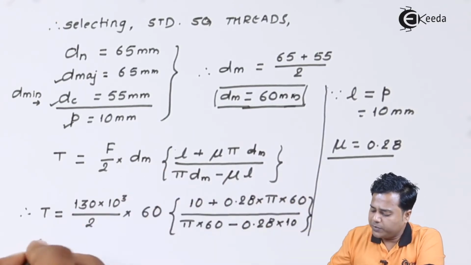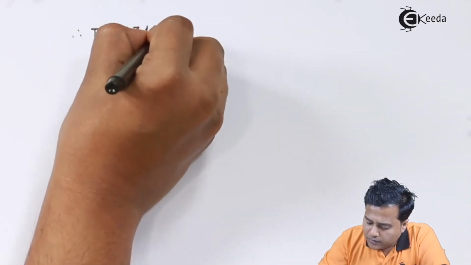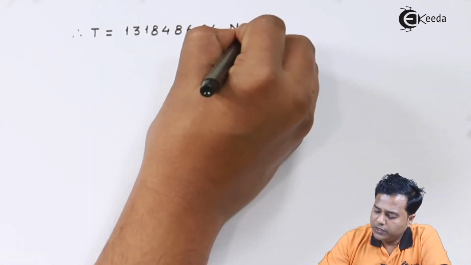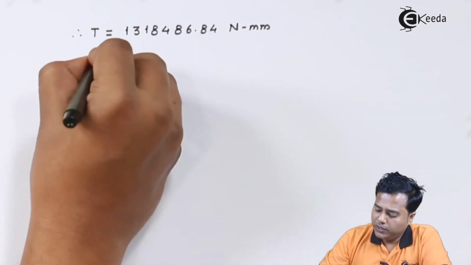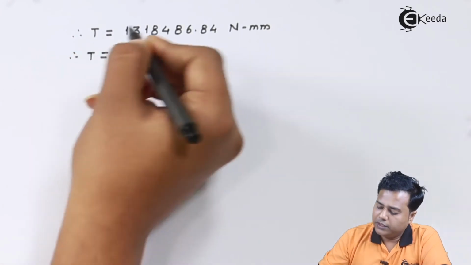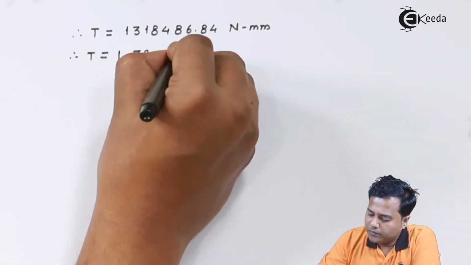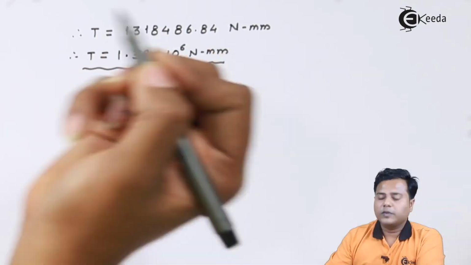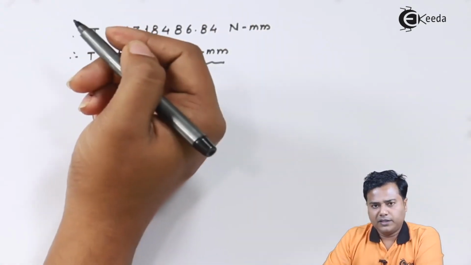When we solve this expression, we will get the value of T equals Newton millimeter. We can express this value in terms of meter also. Let us keep this value, so that will be the value. We'll consider some higher value and we'll go with it.